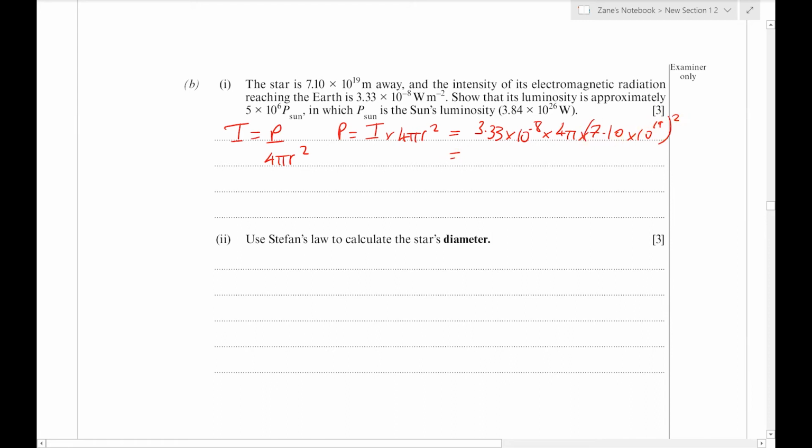So let's substitute that into the calculator and see what we come up with for an answer. So that gives us about 2.1. Let's go for 3 figures because the rest of the data is 3 figures. 2.11 times 10 to the 33 watts. And if we divide that by the power of the Sun, so we can get a ratio, 2.11 times 10 to the 33 divided by 3.84 times 10 to the 26.